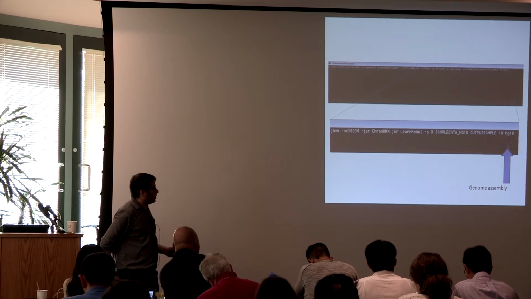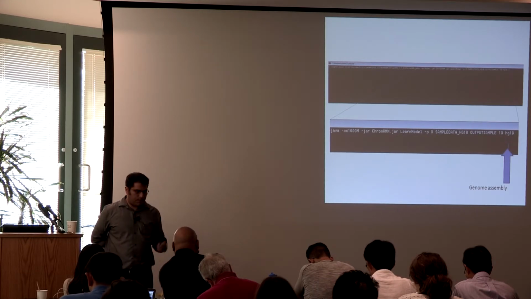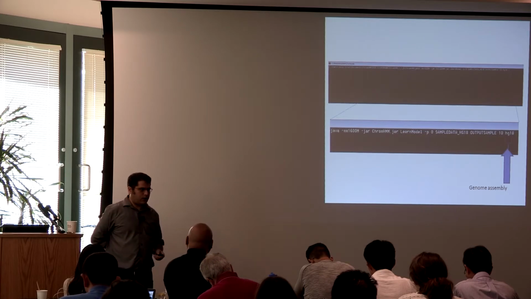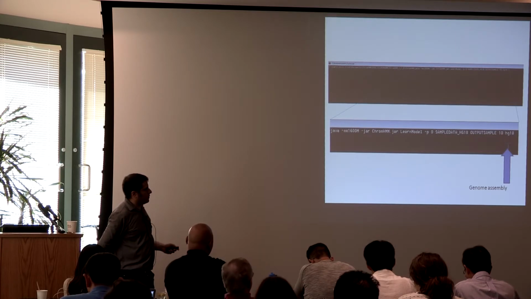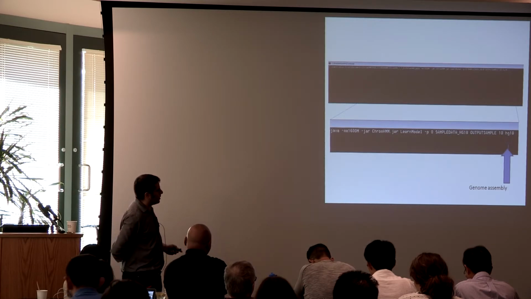And ChromHMM has some annotations available to do some automated enrichment analysis afterwards, based on if that assembly is found in it. If there aren't any enrichment files matching that assembly, then we'll just sort of ignore that.